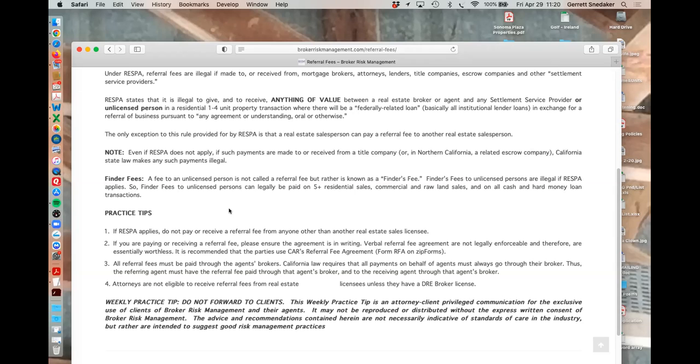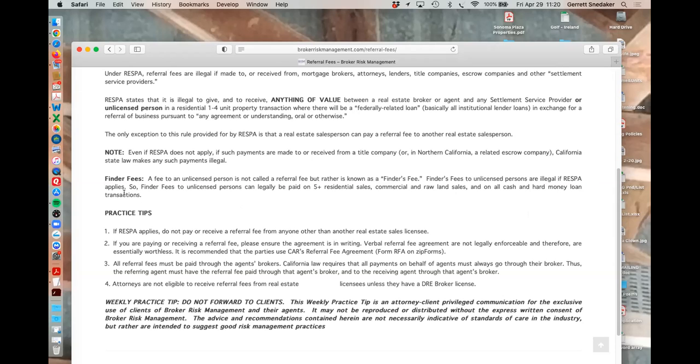So now, often we agree to give our seller or our buyer, our client, a credit or a fee in the escrow, and that is allowed. That's not a violation of RESPA. But a fee to an outside person who's not a licensed person is illegal under RESPA, if RESPA applies.